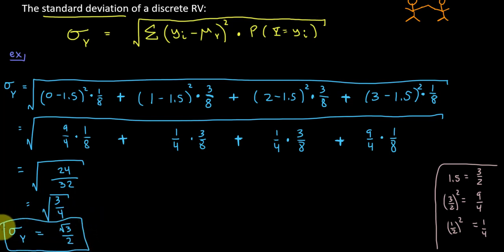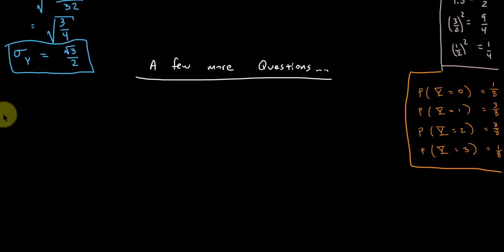I would like to ask just a couple more questions regarding this coin flip example. I'm going to scroll down here. I would like to reinforce some of this notation, the probability notation, and I copy and pasted the probability distribution here with the coin flip example.